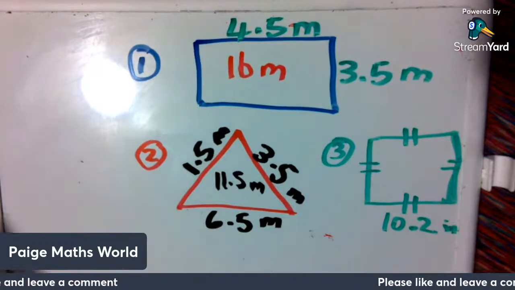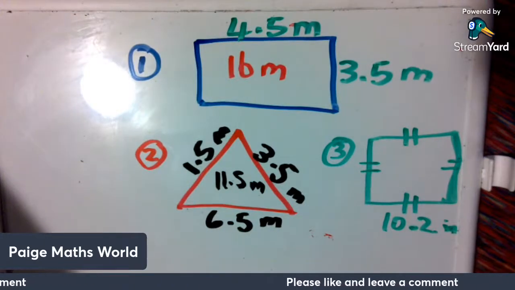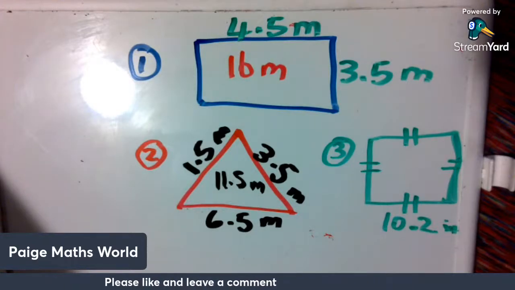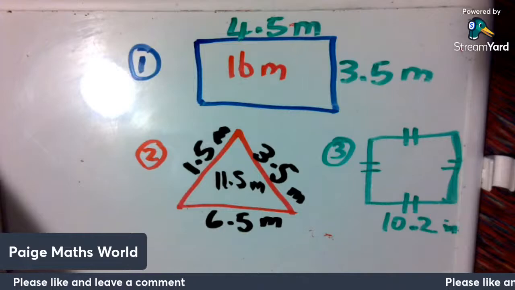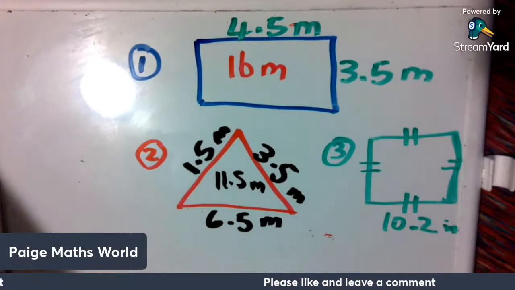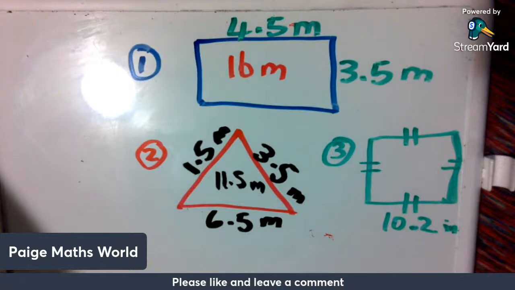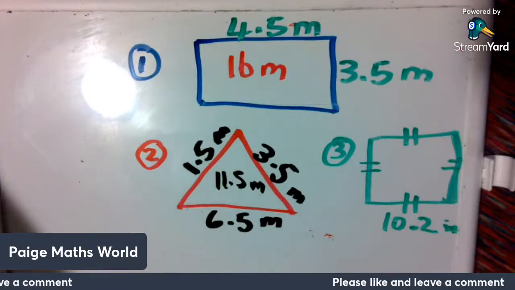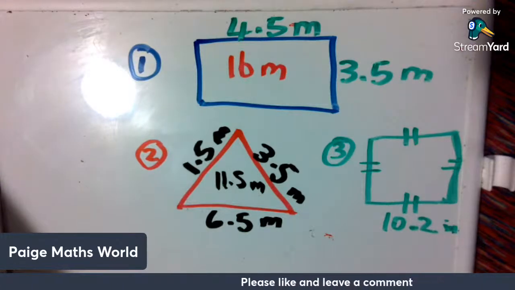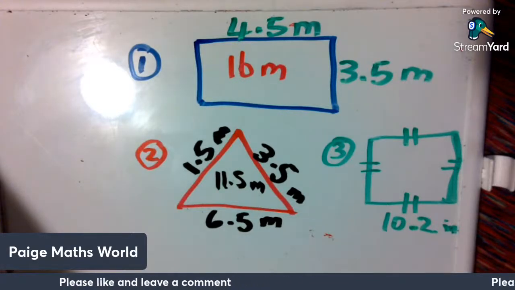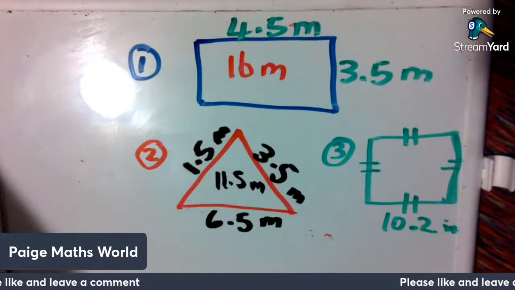All right, for number 2, who are the persons who got number 2? I wish I had my other device so I don't have to be calling on people to tell me. You all did get number 2, yes? 11.5 meters. Anybody that did not put your units on, you are incorrect. Remember, your unit has to be there. So she gave the wrong answer for number 2? Oh God, you guys are making me have to go up there.